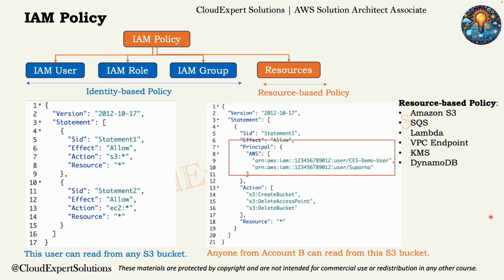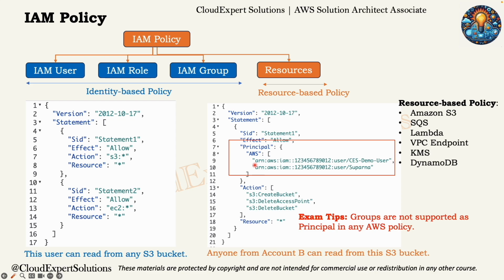However, a resource-based policy identifies the principal explicitly. In terms of exam tips, please remember IAM groups are not supported as a principal in any AWS policy because groups are not considered an identity. A group is an envelope where you can attach multiple IAM users. That is why you cannot assign any group to a resource-based policy.